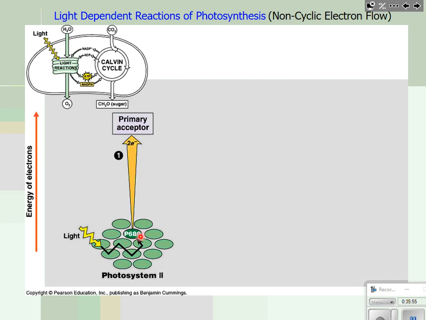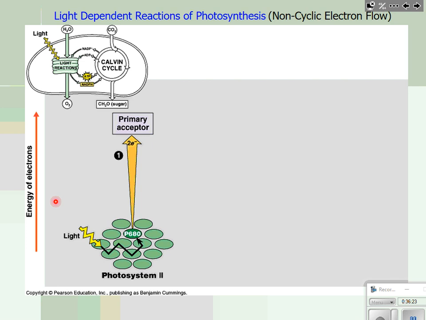And basically all of the energy that's absorbed by all of these chlorophyll molecules is going to funnel down to this one molecule in the center. And there's going to be enough energy to excite electrons in this molecule of chlorophyll until they have so much energy that they leap out of the chlorophyll and they get grabbed up by a protein called the primary acceptor.